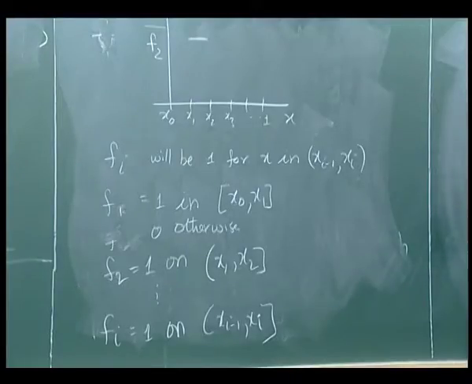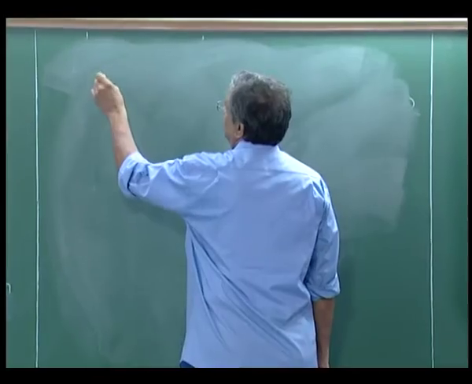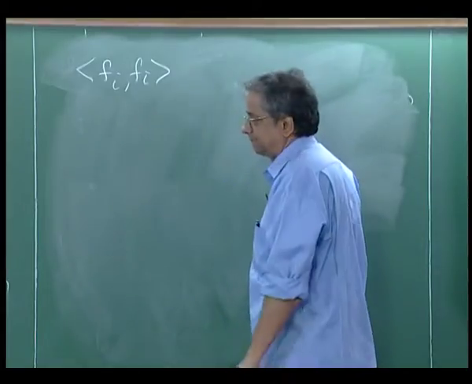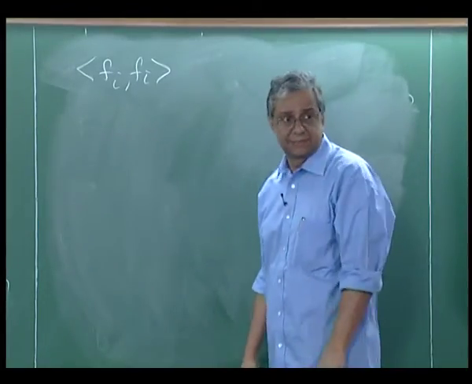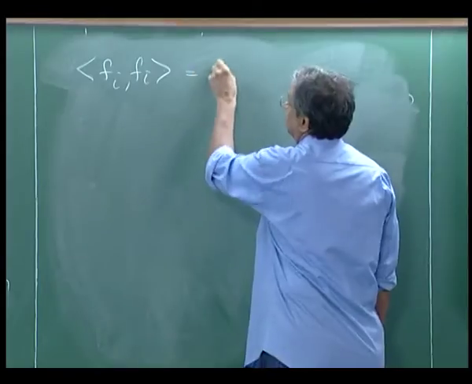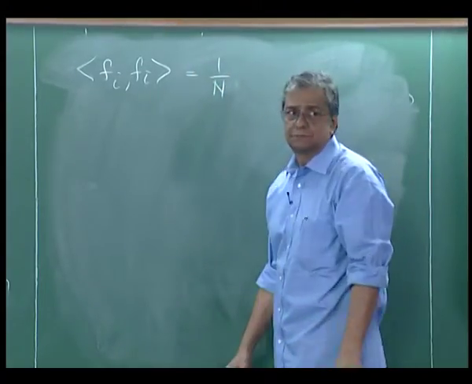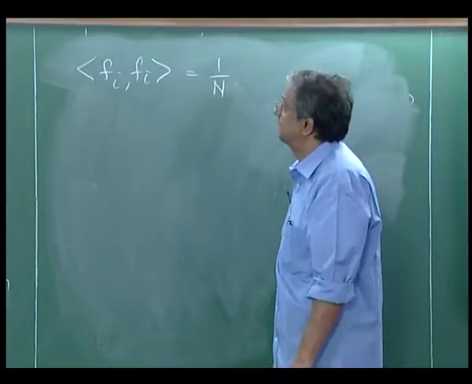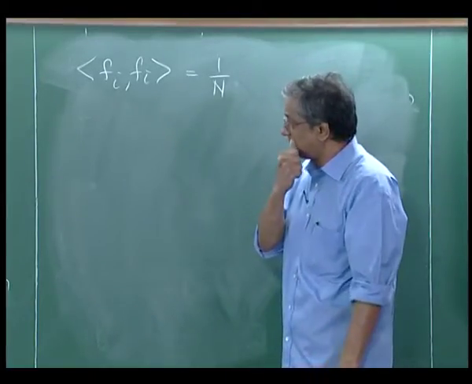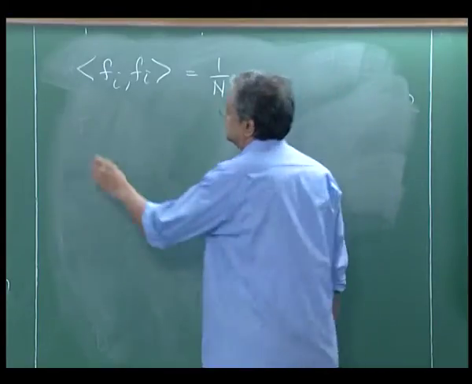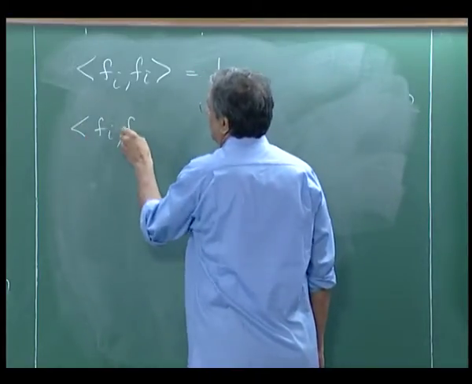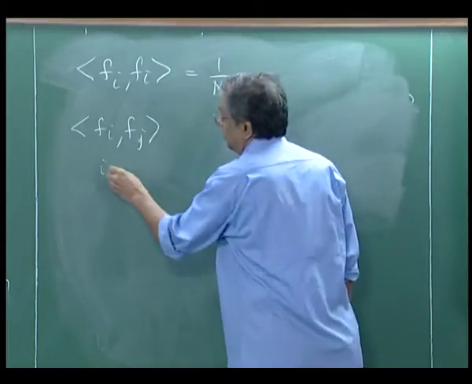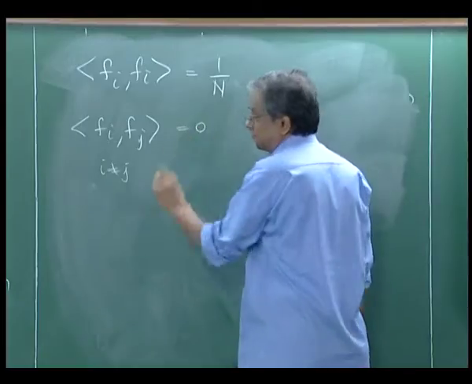If I take fi dot fi, the length of any interval is 1 over n, so fi dot fi is 1 over n. Please check to make sure that that works. Fi dot fj, if i is not equal to j, is 0.